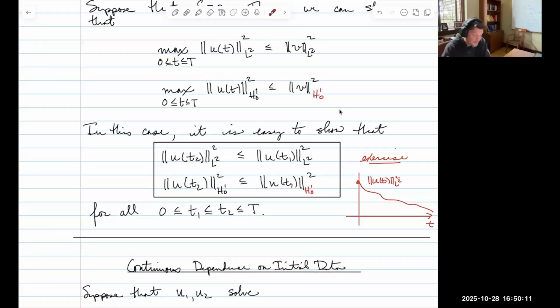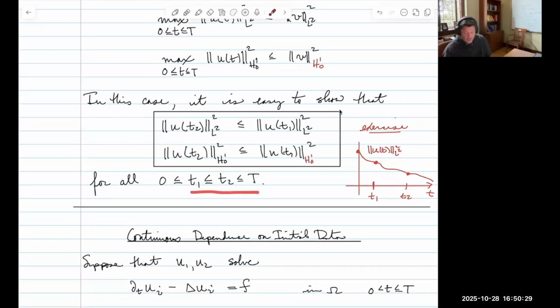So that is something like the picture here. If I color this as T1, that's the early time, and T2 is the later time, I can see that the value at T1 is bigger than the value at the later time T2. This holds for any T1 and T2 in the interval. And so we call this an energy dissipation.